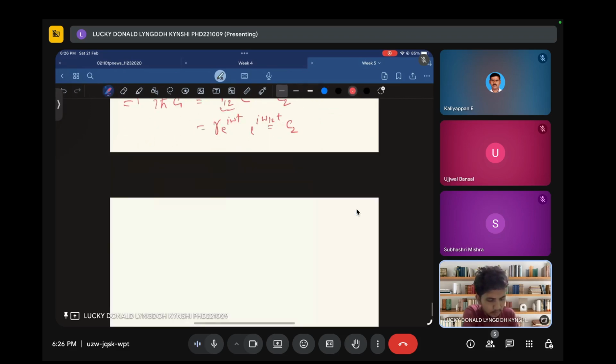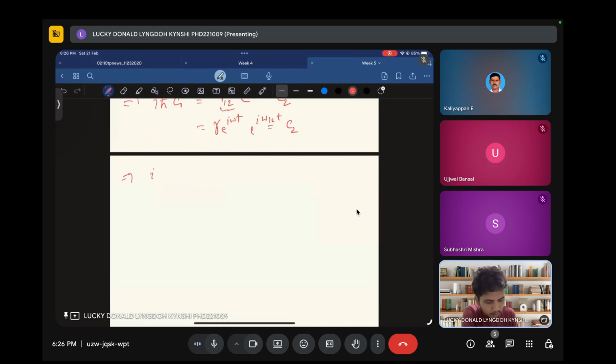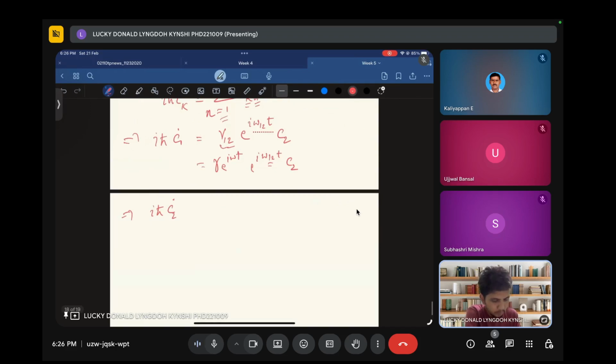The second equation is i h cross c2 dot, which is equal to V21 e to the power of i omega 21 t c1. Again you substitute the value of V21, which is gamma e to the power of minus i omega t, times e to the power of i omega 21 t c1.